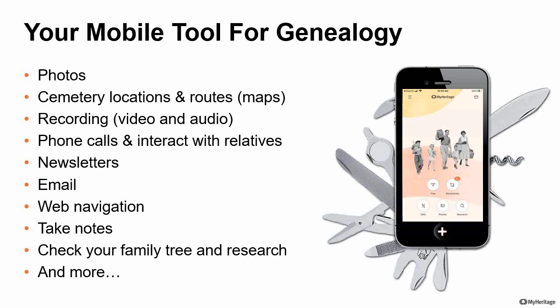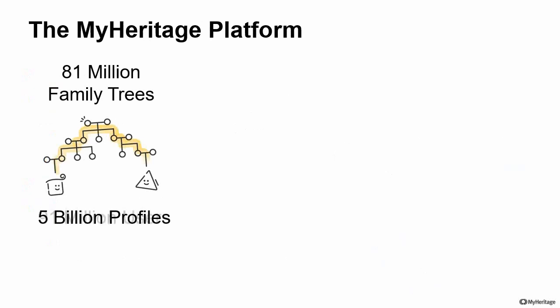Now, I do know also that we have some new people in the audience thanks to this Webtember, and I'm very happy for that. So I'm going to start with the very beginning, especially about MyHeritage, because I don't know how many of you are aware. MyHeritage actually started as a platform to build family trees on a software, and we will talk about that in a second. But today we have 81 million family trees in our system.